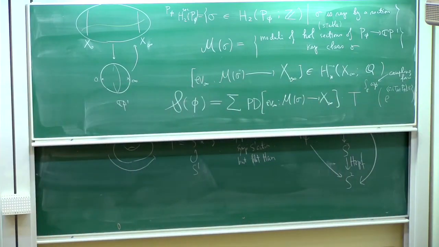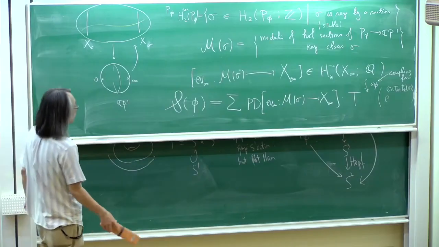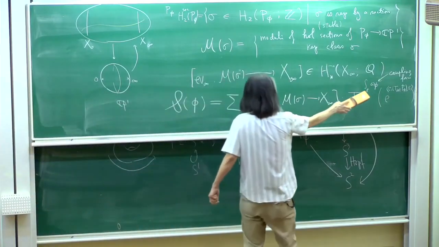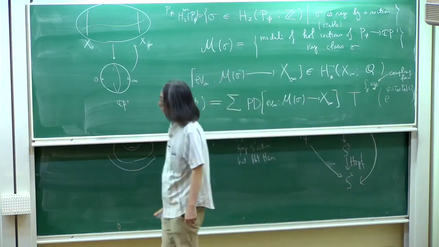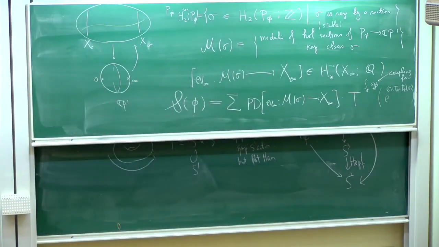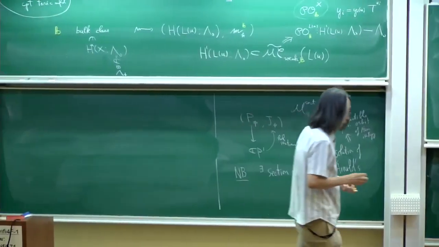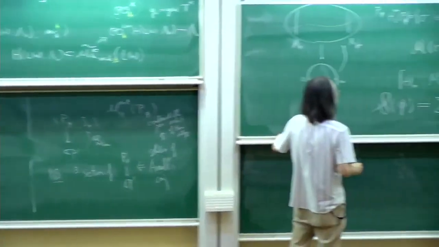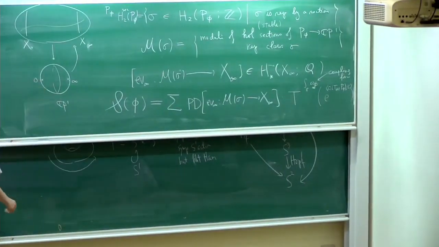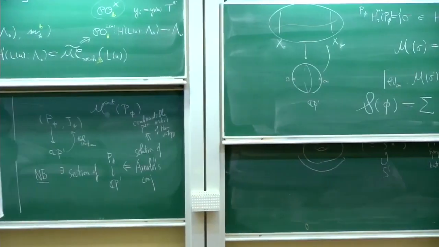And maybe this kind of modification was first introduced by McDuff. They're using this kind of coupling form. Maybe somebody else, but. And so then this one is actually an element in quantum cohomology.